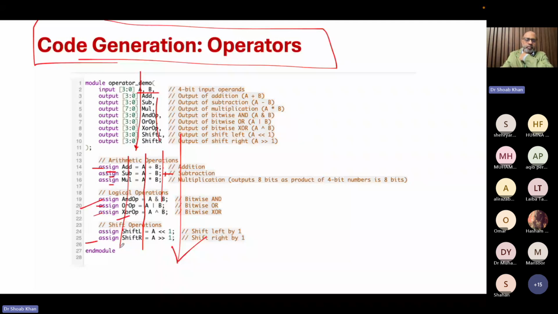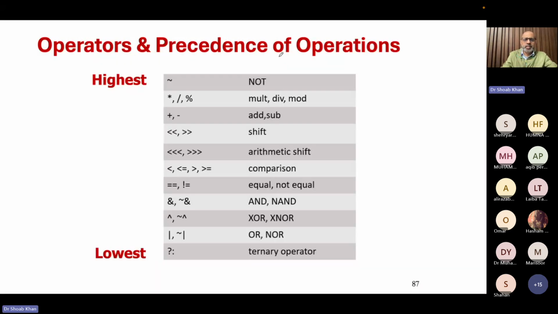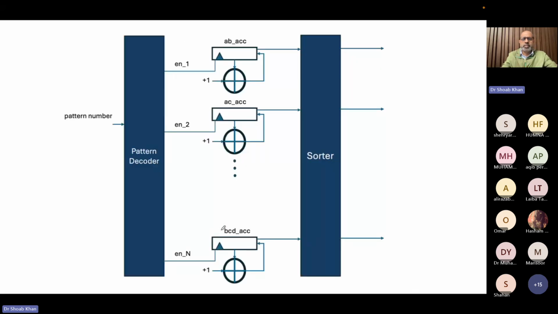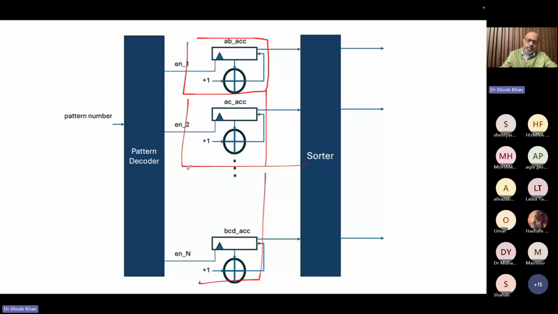So this is important. These are the order of precedence in assigning values to these operators. We also discussed instantiation last time. We would use the Britishers' way of conquering the world, by divide and rule.